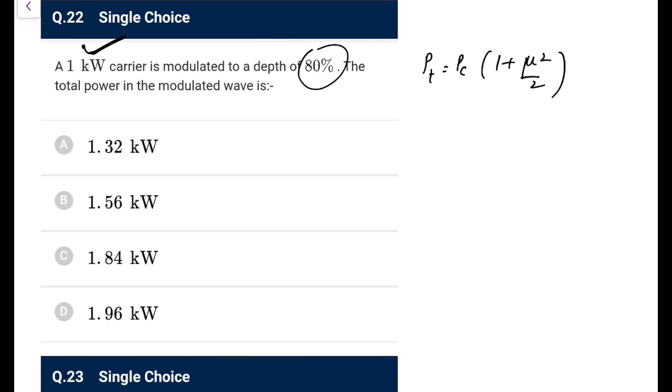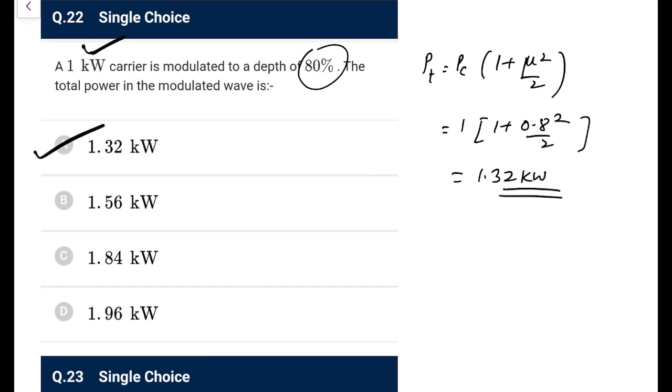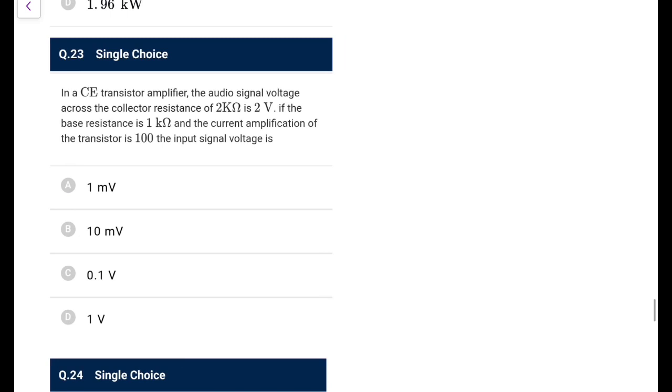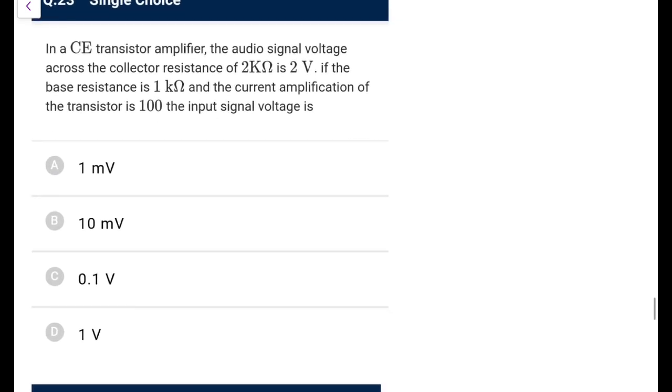On detailed analysis, this particular result comes. Here mu is 80% or 0.8, and the carrier power is 1 kilowatt. It would be 1 plus 0.8 square by 2, so that would be 1.32 kilowatt. But I doubt if you remember this formula, because usually it is not taught as such. I think this is just a one-off question, and you can remember this result if you want.